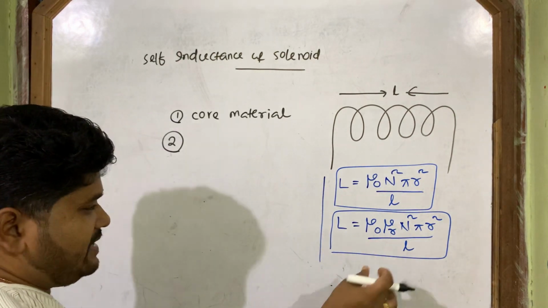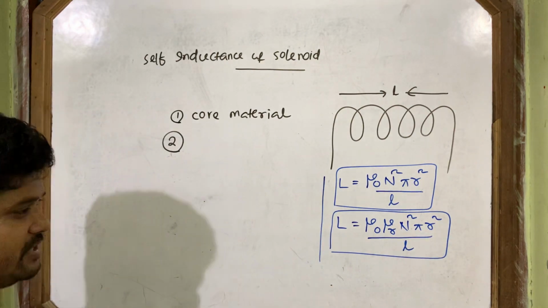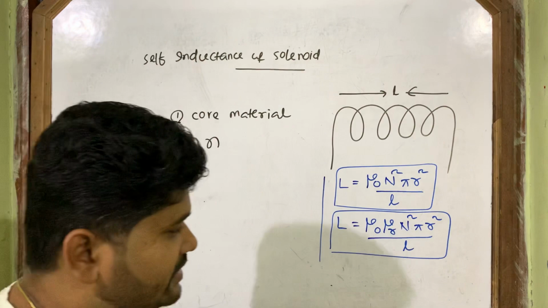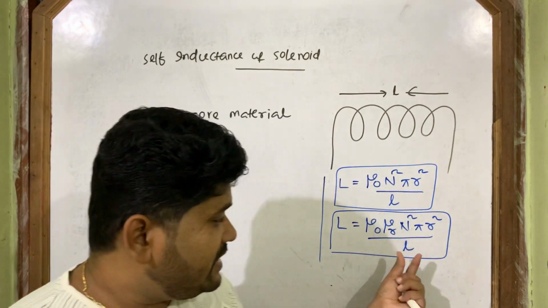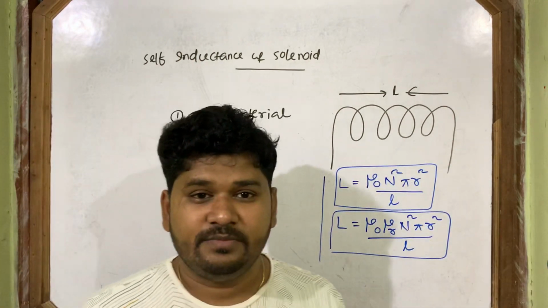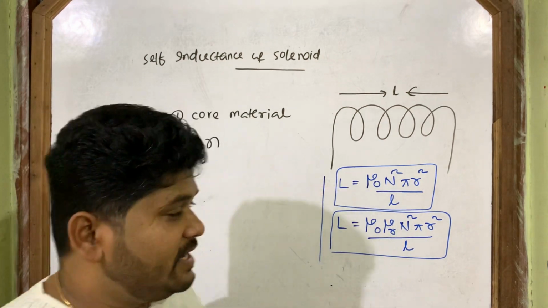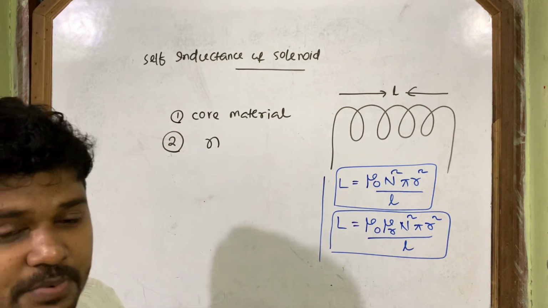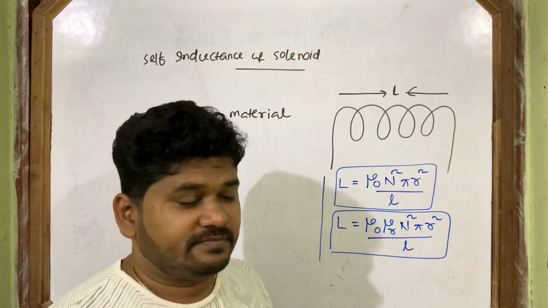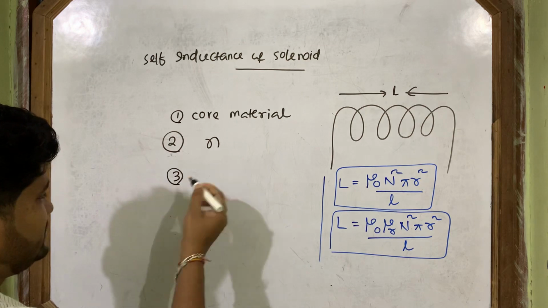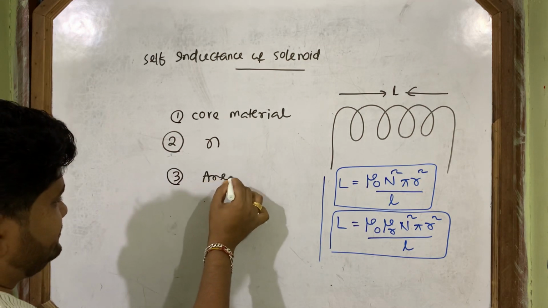Also it depends on N, the total number of turns, that is, the number of turns per unit length: in a particular length, how many turns are there. The more the number of turns, the more the self-inductance. Then it also depends on the radius, the area of cross section.